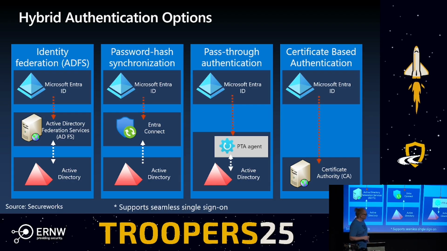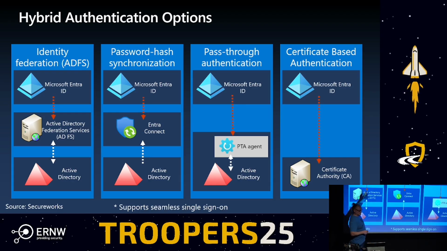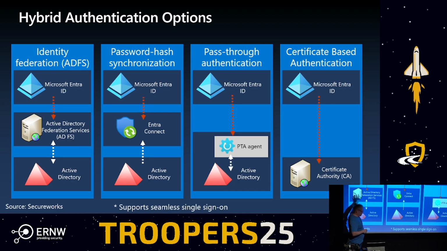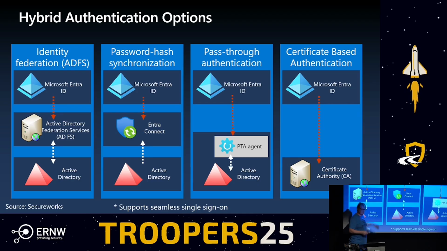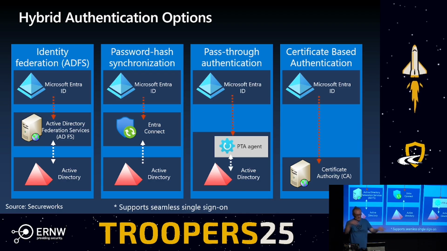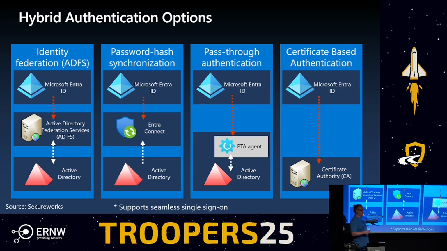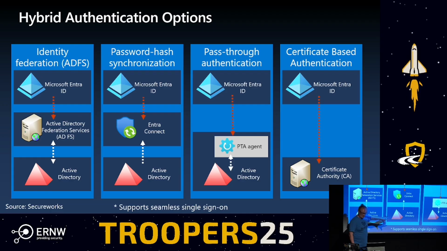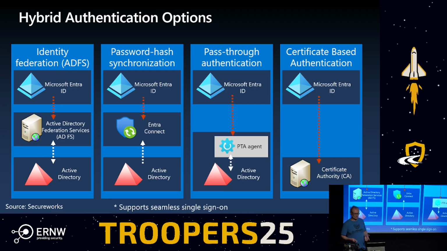Here, Entra is trusting that identity federation or identity provider, and whenever you log into that identity provider and come back to Entra with a token, it trusts that you are who you are. But then came password hash synchronization, which requires a little bit less hardware. Basically, it synchronizes password hashes, hashes of password hashes, from your on-prem AD to Entra, so that you can log in using the same username and password.